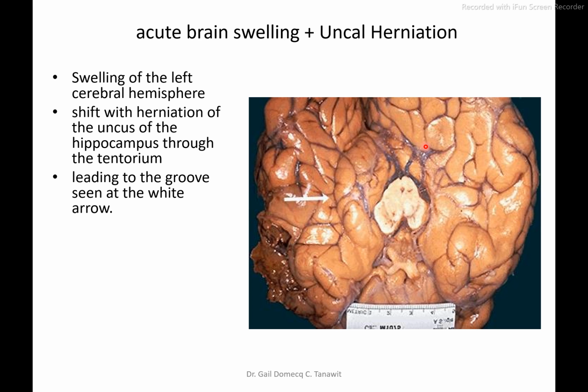So this is a gross picture of an acute brain swelling leading to an uncal herniation. There is a swelling of the left cerebral hemisphere, with herniation of the uncus of the hippocampus through the tentorium, leading to the groove seen with this arrow.